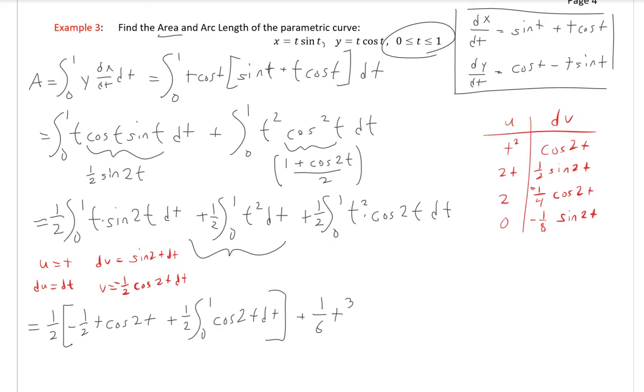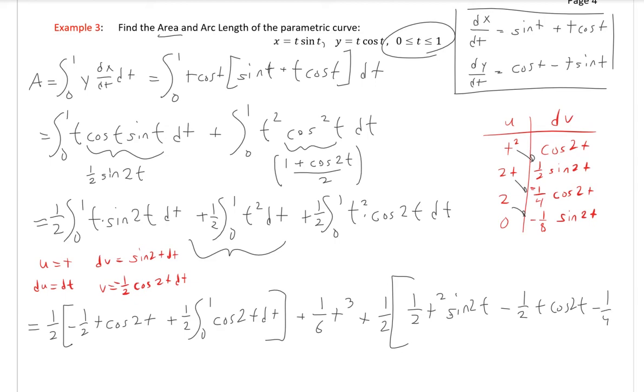And then that can expand. Remember to keep that 1/2 out there. We just have these diagonals. So we have 1/2 t squared sine of 2t minus 1/2 t cosine of 2t minus 1/4.